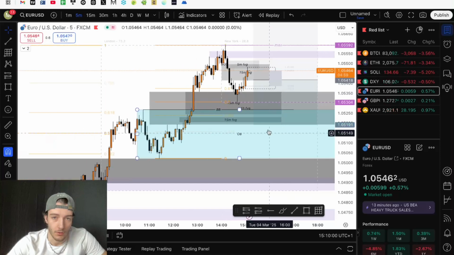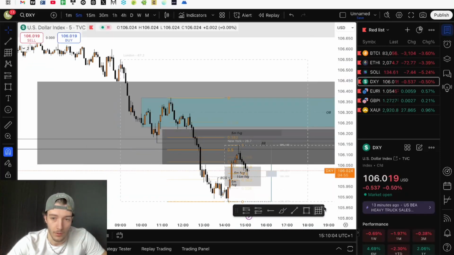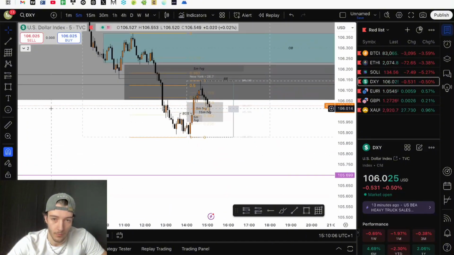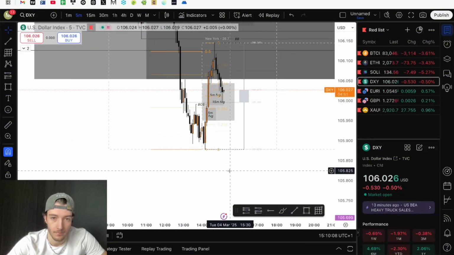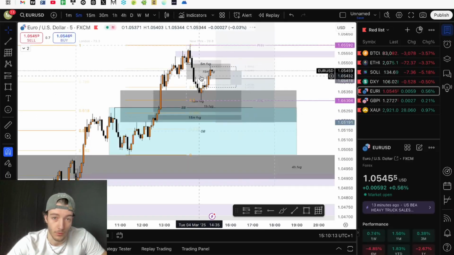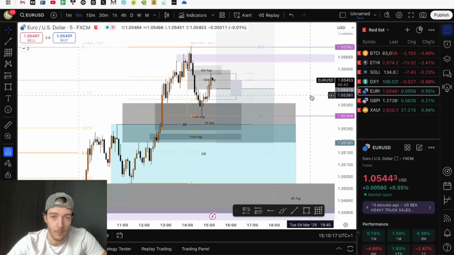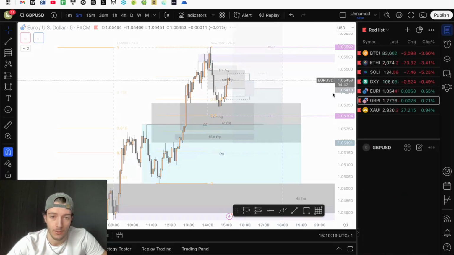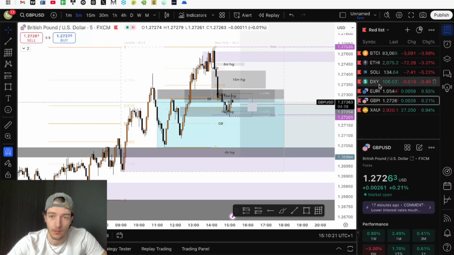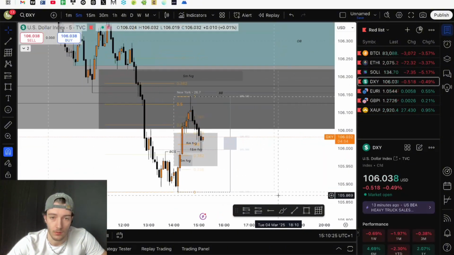But I think soon enough we will be able to start looking for entries for a long. At least Euro really wants to go up. GU not really, but it really depends what the dollar is showing.